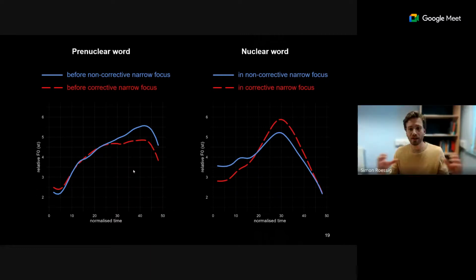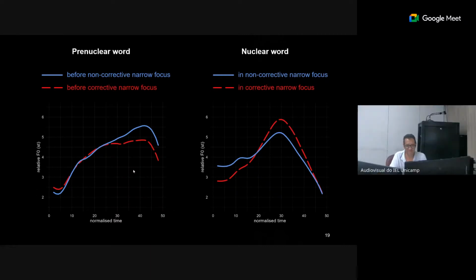It's probably a longer stretch of speech. And this fits nicely with the idea that a change in information structure affects basically everything in the utterance. Yeah. So yeah, I think you have a question, Gustav.